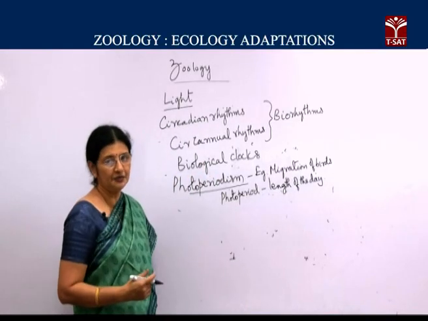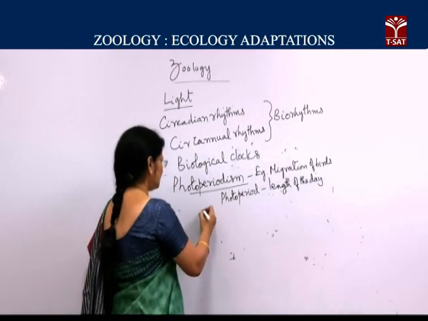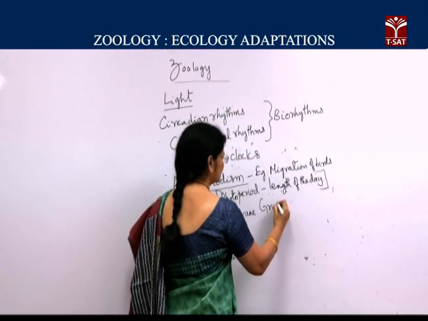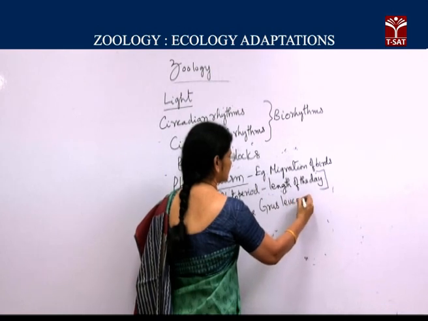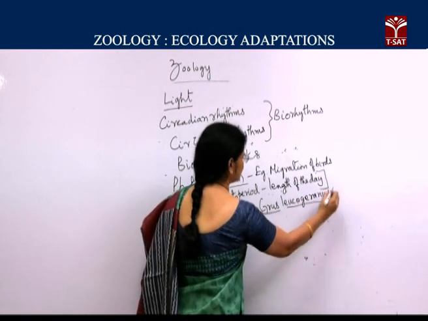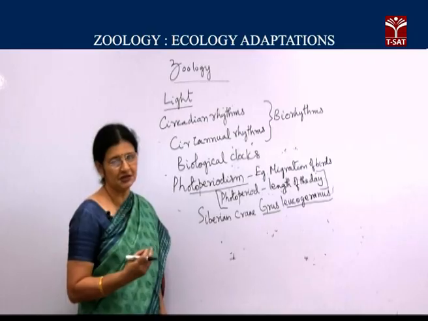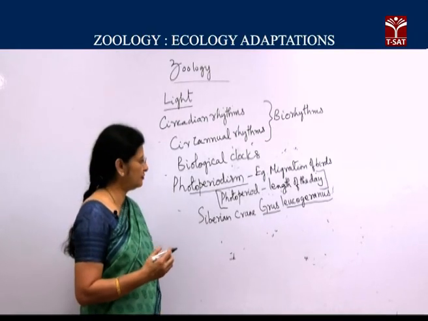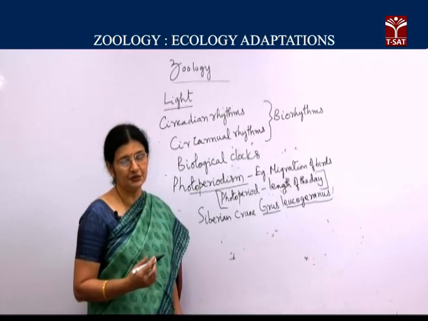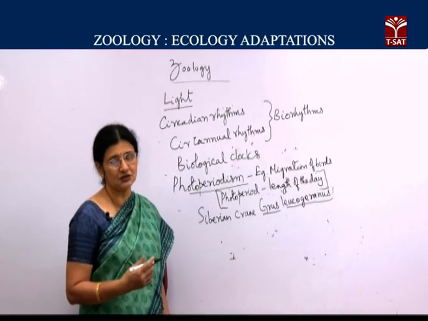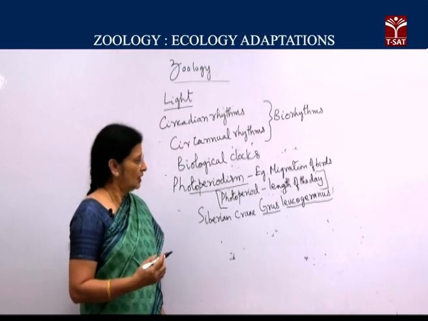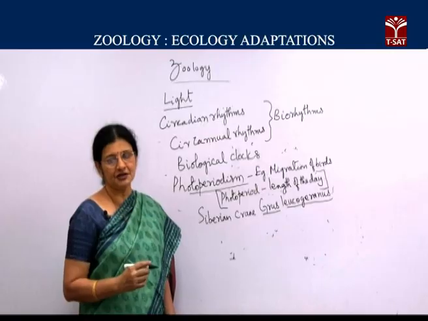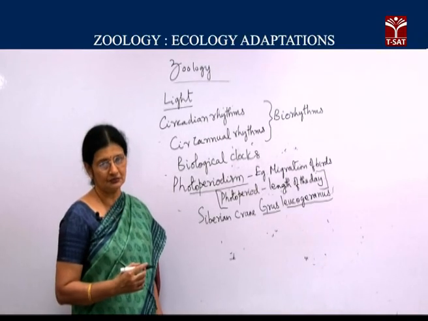In case of Siberian crane, during winter, when this photoperiod, that is length of the day, becomes very short, for foraging activity, foraging means for its feeding activity, to capture the food and all, the length of the day is not sufficient for these birds.